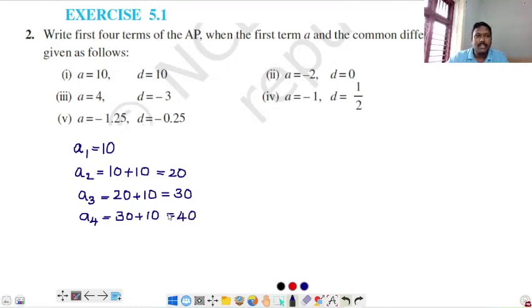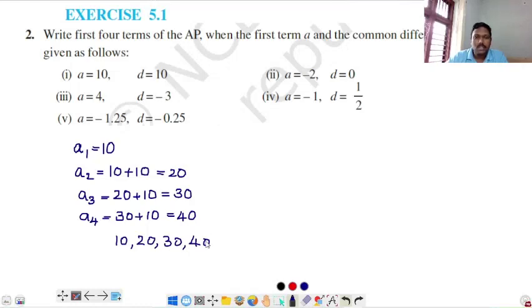So we can write the first four terms of the AP. That is, the first four terms are 10, 20, 30, 40. See, these are the first four terms of this AP.